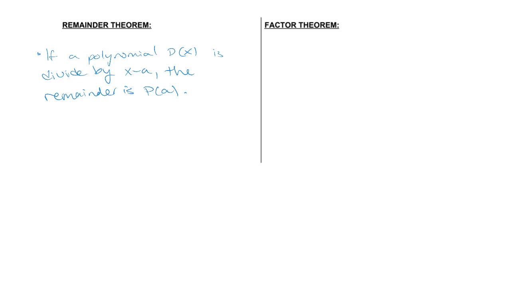Okay. So I get to substitute the value of a in for x in the polynomial, and the result is your remainder.